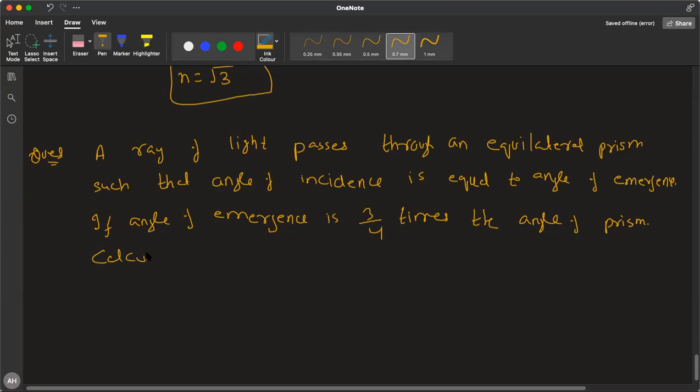Calculate first the angle of deviation, and then the refractive index of the glass prism.